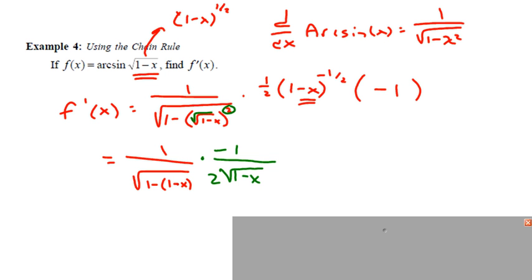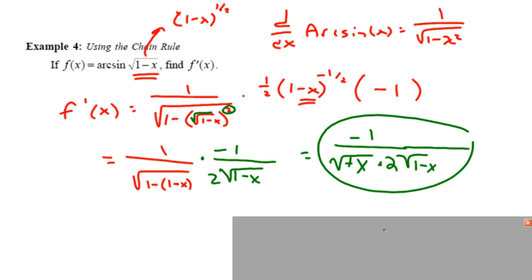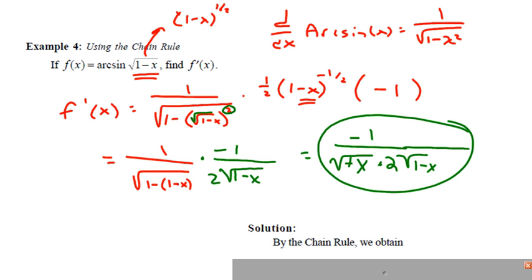Delving into this a little bit further, we get that this equals -1 over the square root of x, times 2 times the square root of 1 minus x. And there we have the derivative using this chain rule. It's a little bit ugly, but rewriting this in just a little bit nicer terms, we have 2 times root x times 1 minus x.